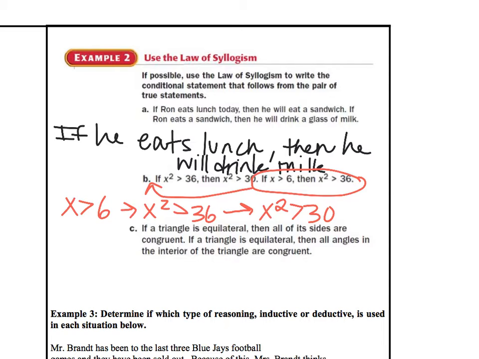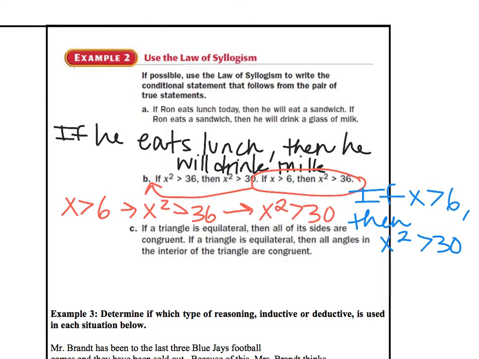What's the simplest conclusion that I can make here, Lucas? So we'll write it out. If x is greater than 6, then x squared is greater than 30. Okay, let's check the next one.